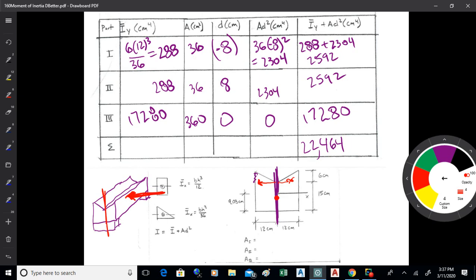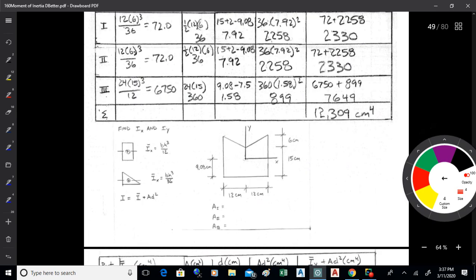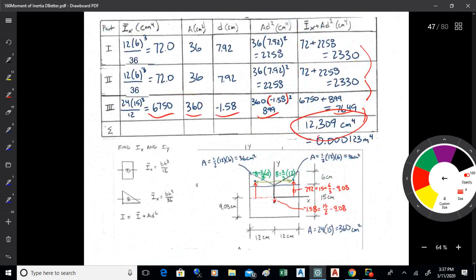Now the other number is I sub x, and that's going the other direction. It's the same beam, of course: a rectangle with a little trough cut out of it, maybe for drainage on a roof, I don't know.